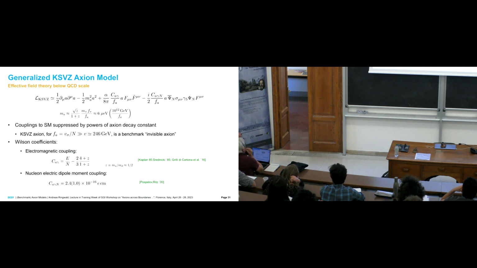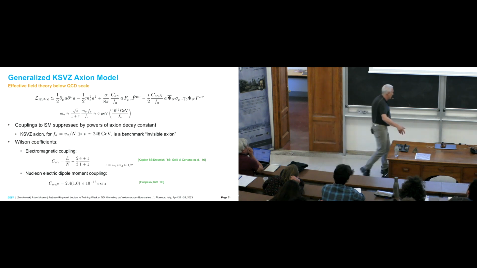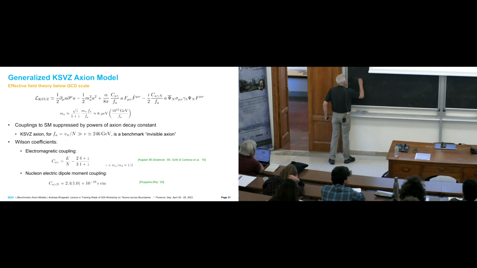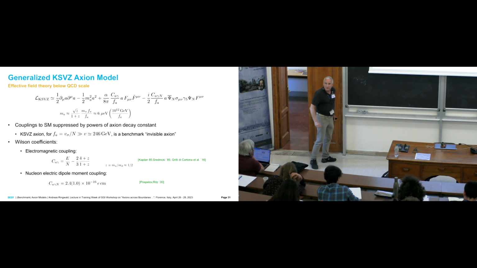So essentially, if you write it, it is something like the magnetic moment mu n. So this scale, so to say, is essentially the reduced quark mass times 1 over the neutron mass squared.